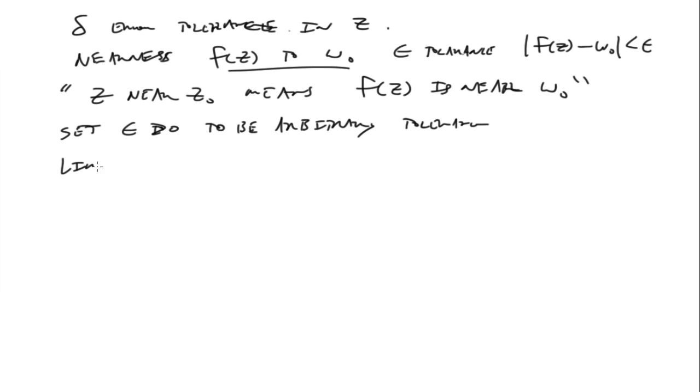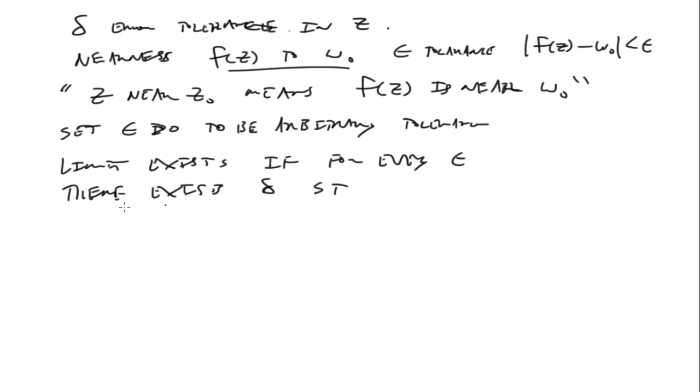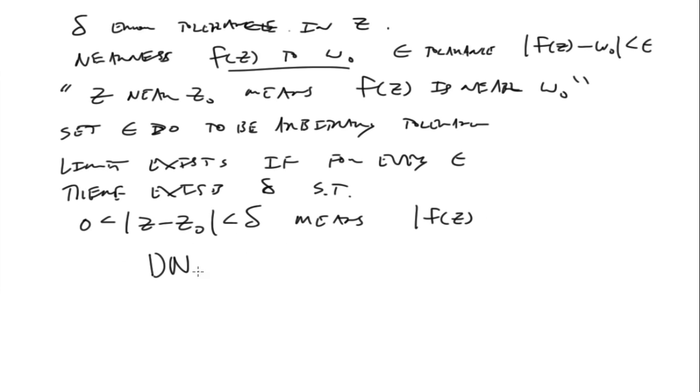A limit exists if for every epsilon we pick, there exists a delta such that any z in the deleted neighborhood around z naught means that f of z, for those z's in this deleted neighborhood, so that's the deleted neighborhood of z naught comma delta, is within the specified error tolerance of our limit.